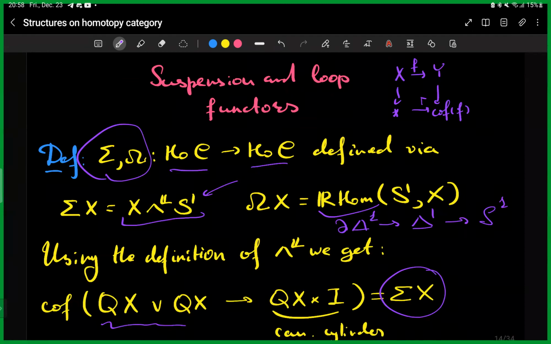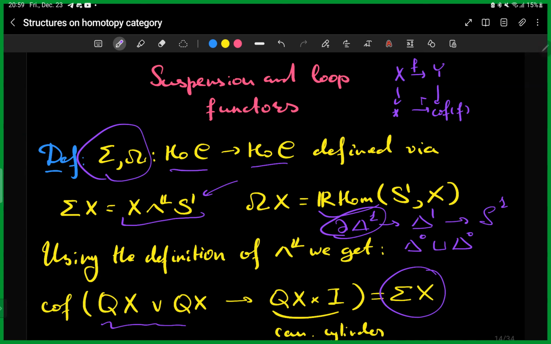So using this definition of S1 and the fact that the boundary of delta 1 is just a disjoint union of delta 0 and delta 0, and the smash product with delta 0 doesn't do anything, we see that we get this pushout product of the cofibrant replacement of X with itself, mapped into the smash with delta 1.